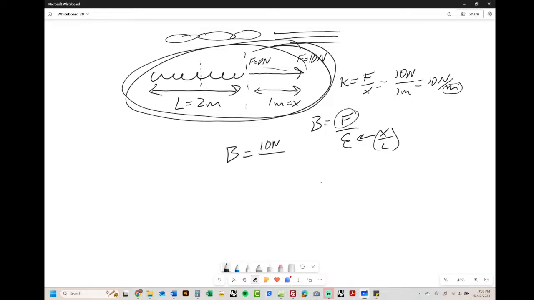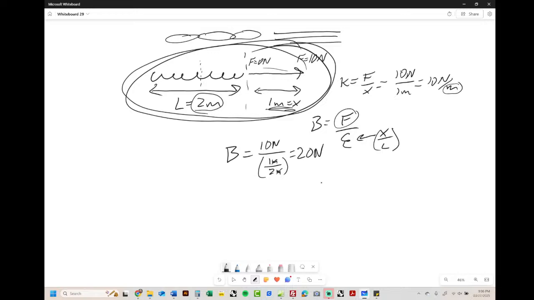And then the distance stretched right here was 1 meter. Got to get my order of operations right. And the length of the spring was 2 meters. So 1 divided by 2 is 1/2. 10 divided by 1/2 is 20 newtons. And notice that these cancel out. So it's just 20 newtons.